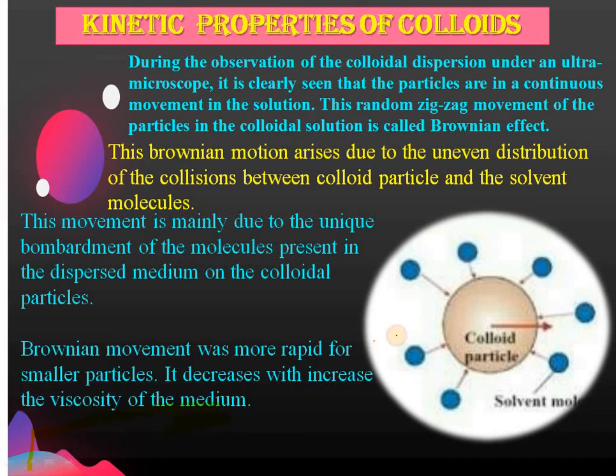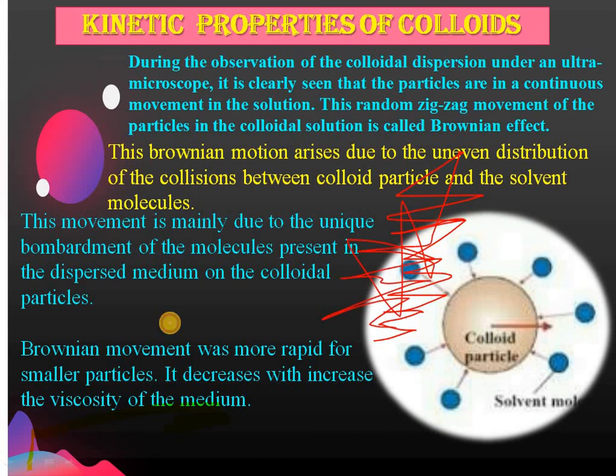What happens basically is that the movement is like this. It can move in a zigzag motion in any direction. For example, a particle is present here, and when it strikes a dispersion medium particle, it goes there, then it moves here, then it moves here. So it moves in a zigzag motion. This zigzag motion is known as Brownian movement.